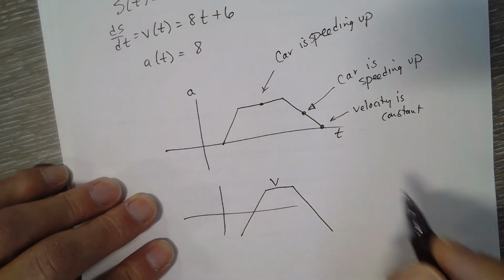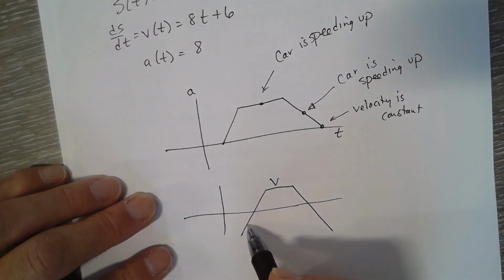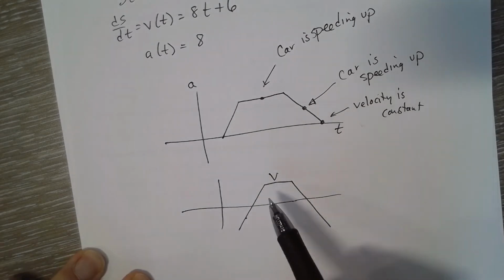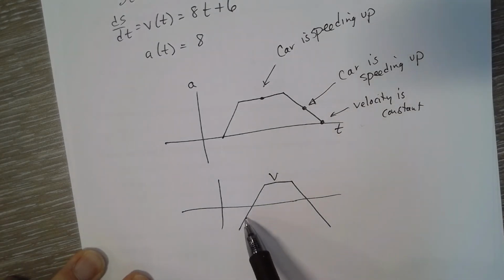If this is the velocity graph versus time, what's happening to the object right here? Slowing down, speeding up. Owen's saying to the left, right? To the right. Right here, the object is going to the left because it has a negative velocity.